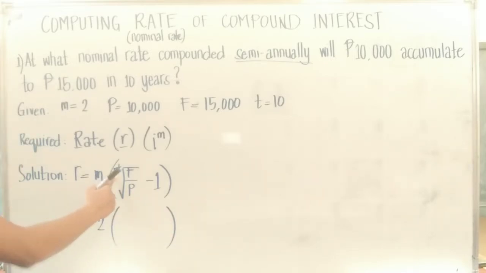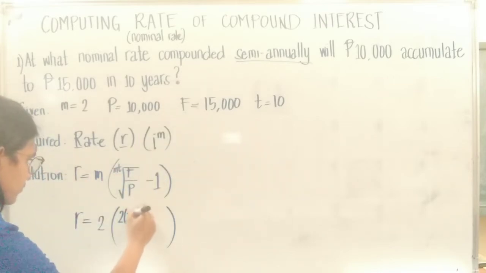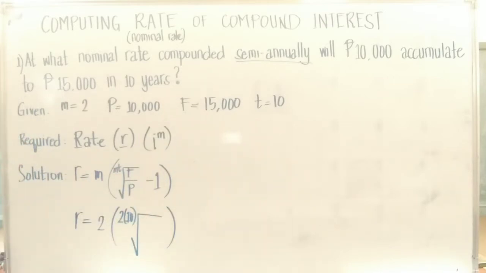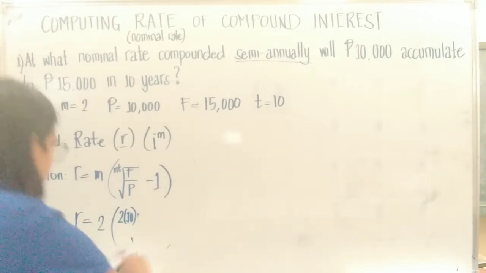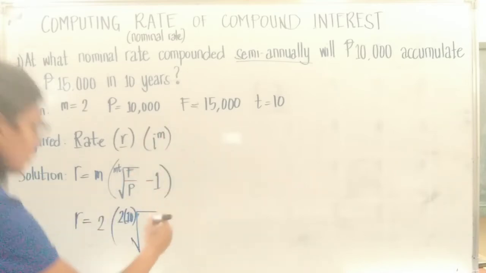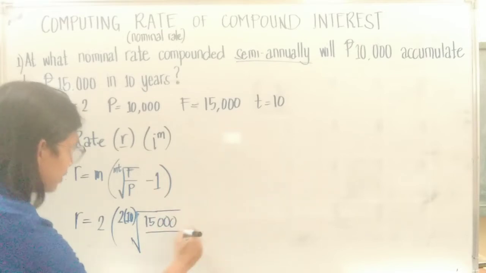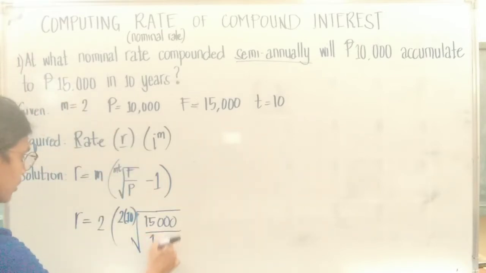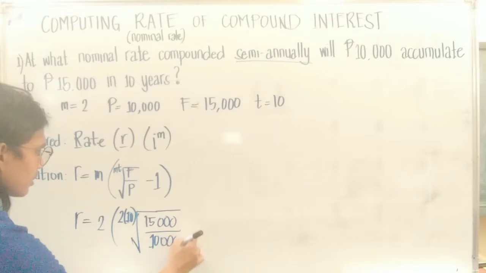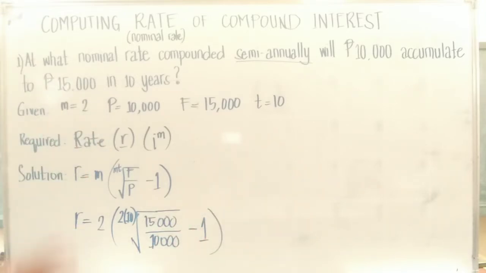Then t is 10. Then we have f equal to 15,000. Then we have p equal to 10,000. Then minus 1, quantity. Please input and encode it on your scientific calculator to make it easier.